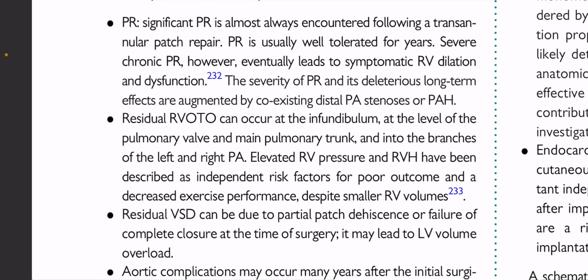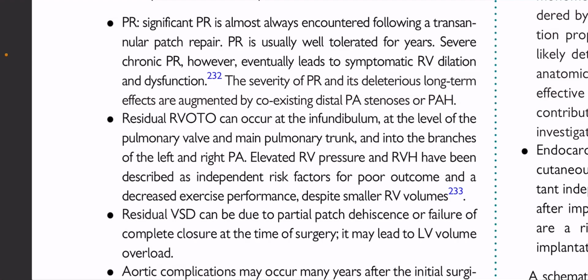The severity of PR and its deleterious long-term effects are augmented by coexisting distal pulmonary artery stenosis or pulmonary arterial hypertension. Residual RVOT obstruction can occur at the infundibulum, at the level of the pulmonary valve and main pulmonary trunk, and in the branches of the left and right pulmonary artery.